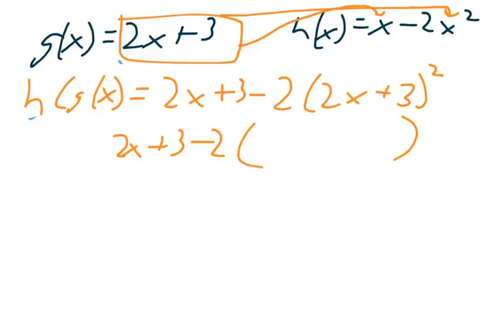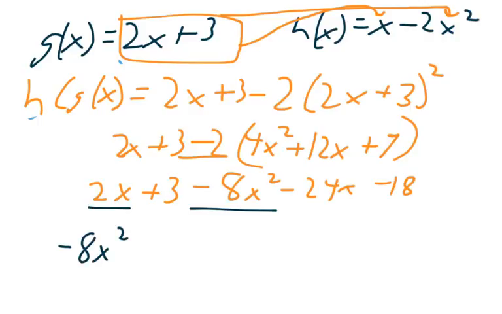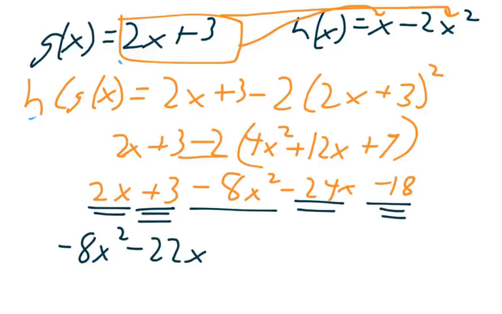When you multiply this, you need to make sure that you multiply it out properly to get 4x squared plus 12x plus 9. Distribute, and we wind up with that, remembering to distribute the negative 2. Negative 8x squared stays the same. 2x minus 24x is negative 22x. 3 minus 18 is negative 15.